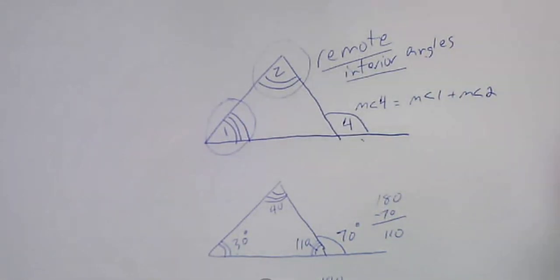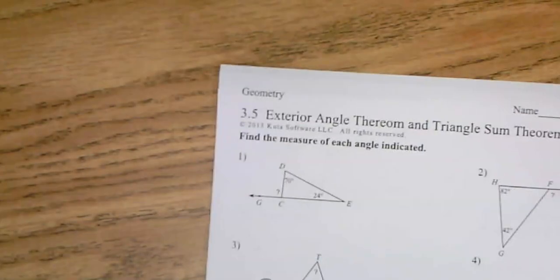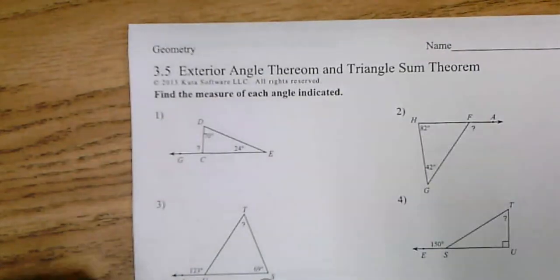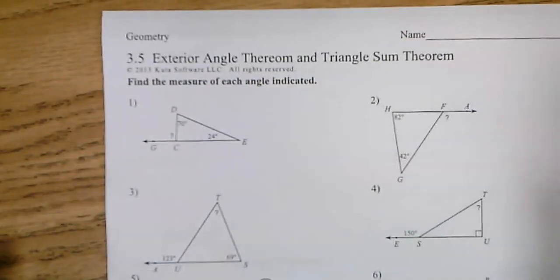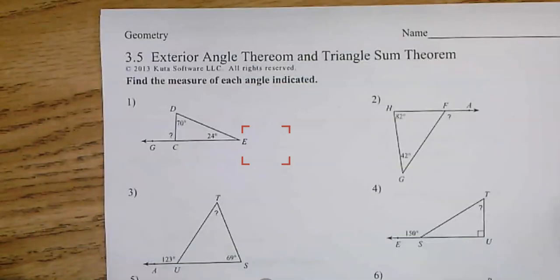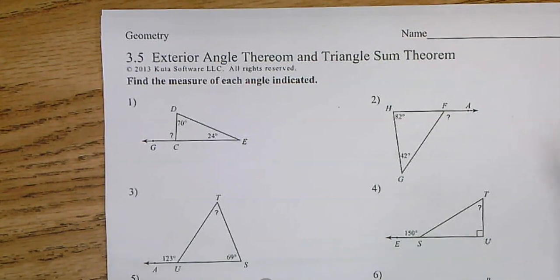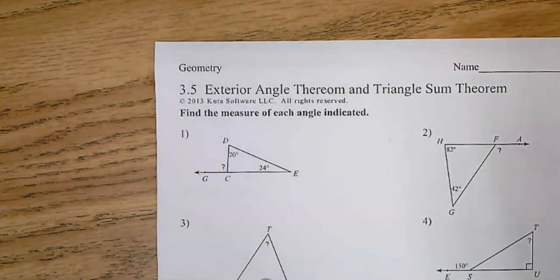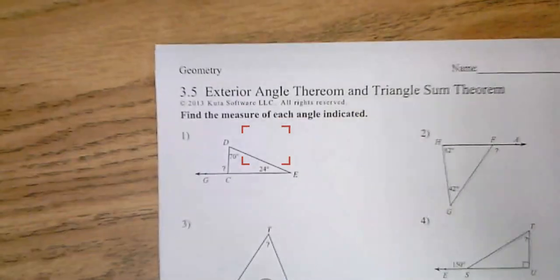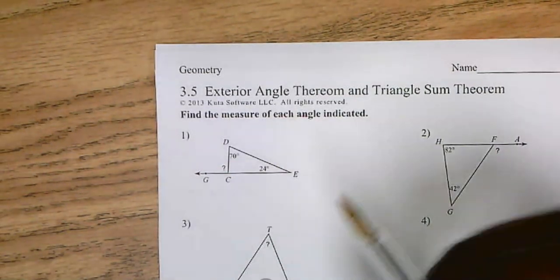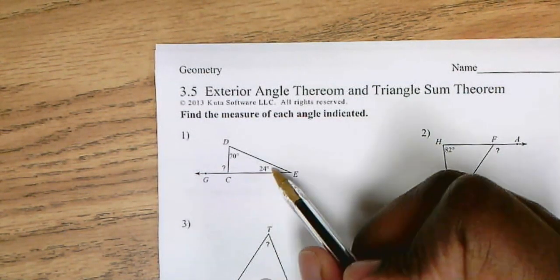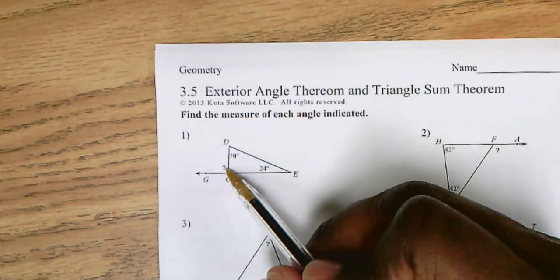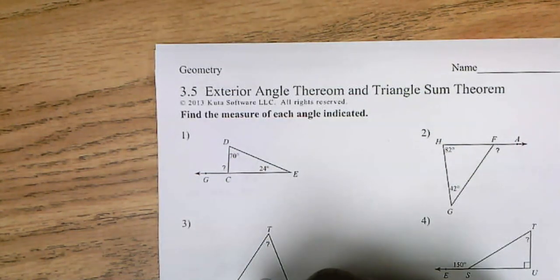Let's do an example. So here, we have an example of a triangle. And in this triangle, I know this angle is 70 degrees, and this angle is 24 degrees, and they wanted me to find the angle outside.